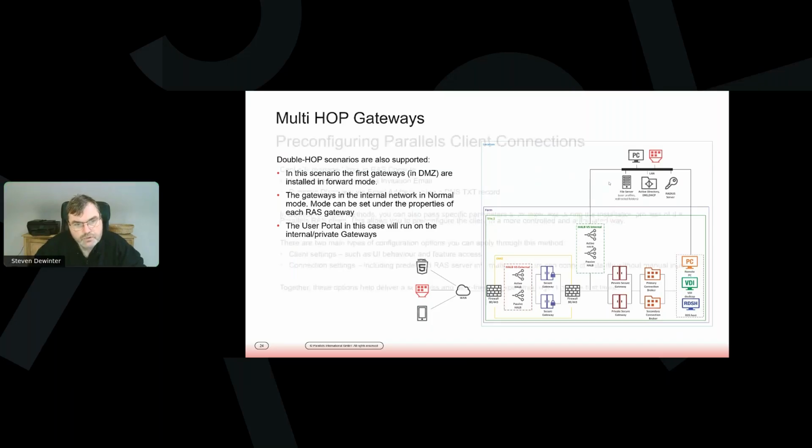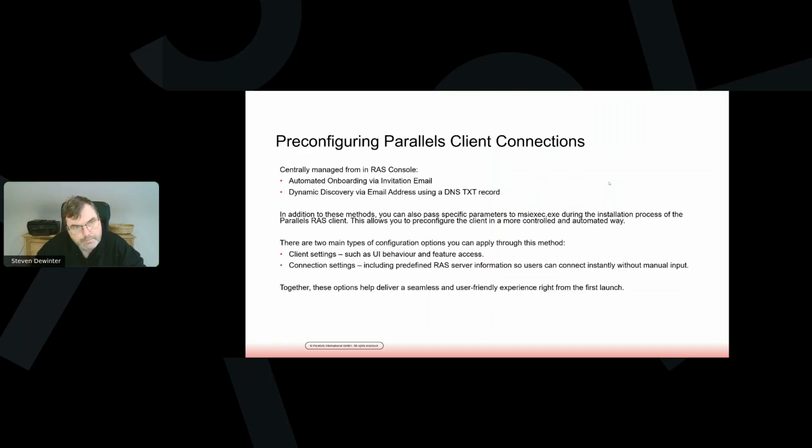The last topic I want to quickly touch before I go to the Q&A part is on the client side. So from the RAS console, there are several ways that you could, for example, also pre-configure the clients. We see this very often in enterprise context that you want to allow users, once the software is on their device, to not need to configure the connection settings or the client settings themselves.